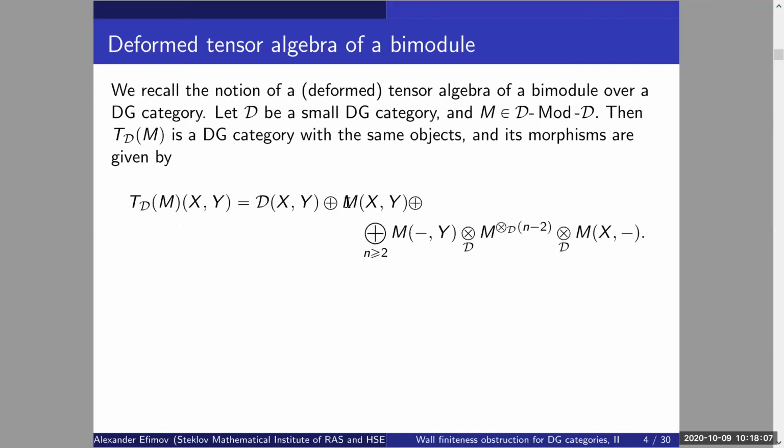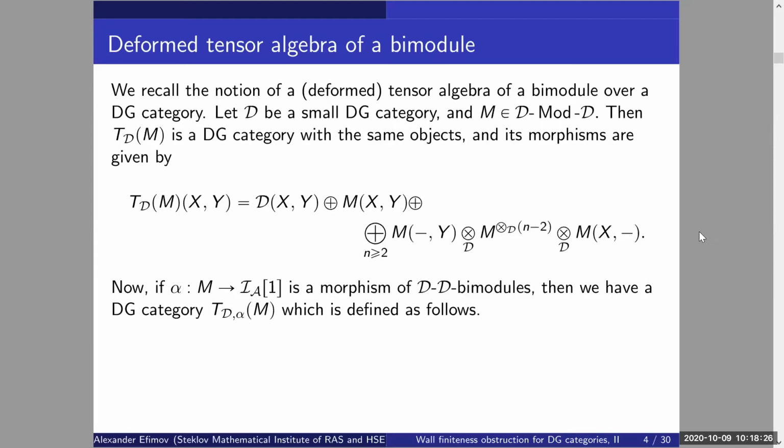And this is just a straightforward generalization for a DG category. So it has the same objects as D. And then we have a deformed version of this construction.